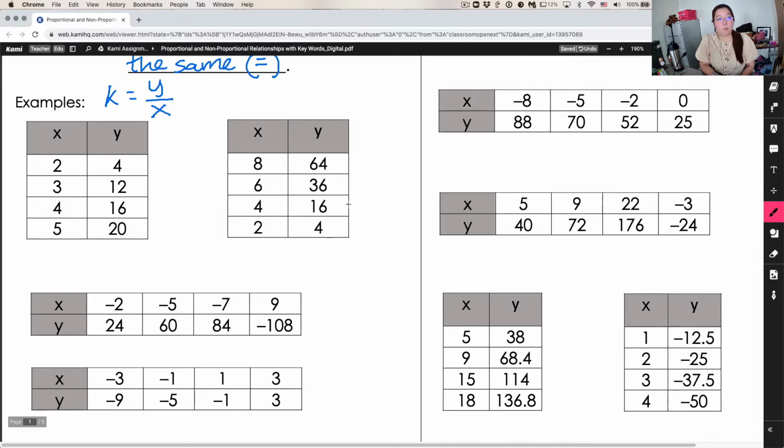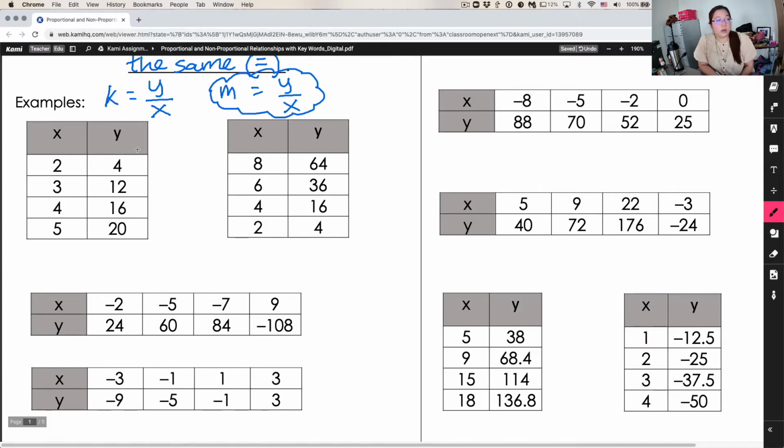Now that we're moving into non-proportional relationships as well, instead of k, we're going to use the m constant. So m equals y over x. This is what we're going to use moving forward.